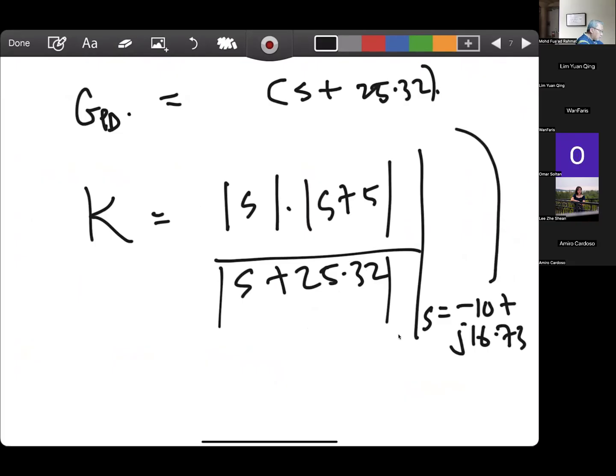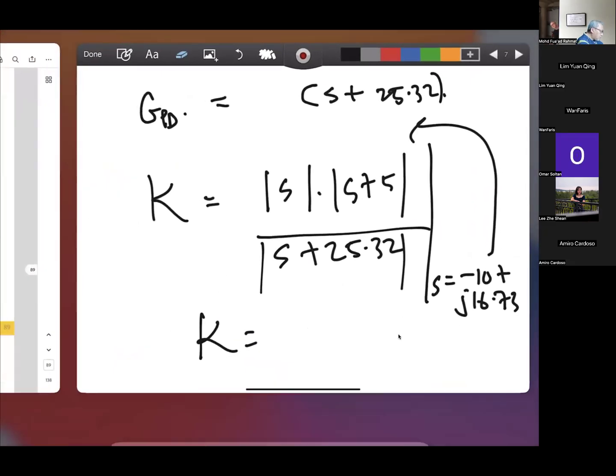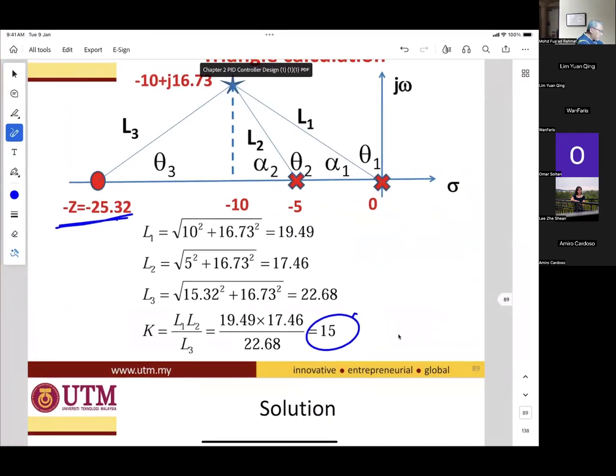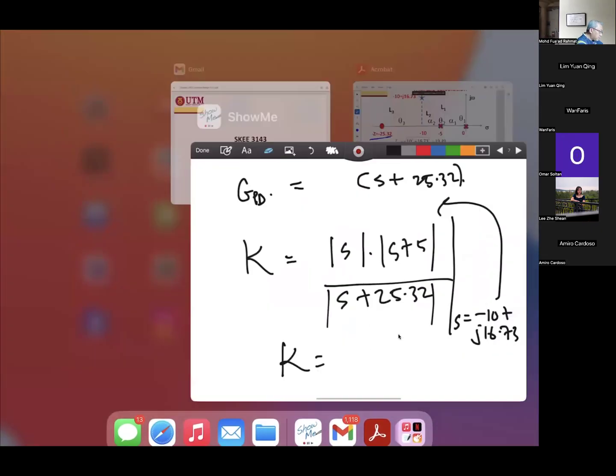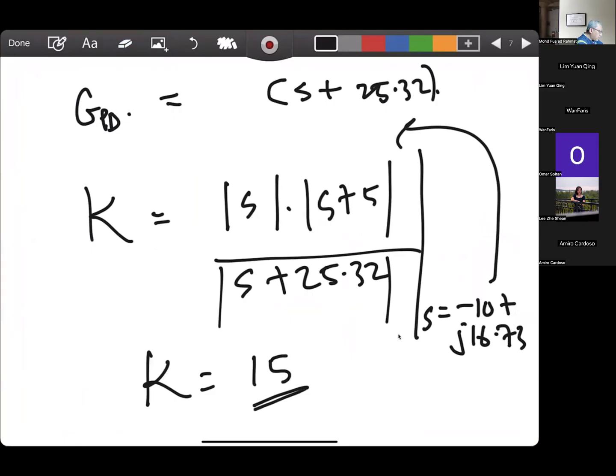So insert inside here, and you will get the value 15. So this is the new gain.